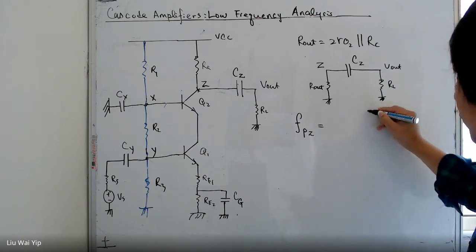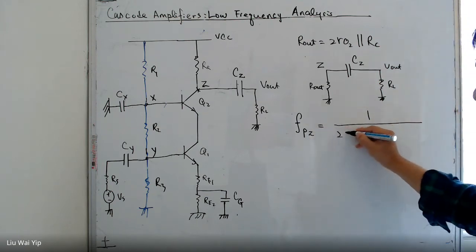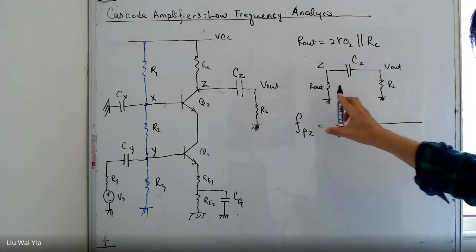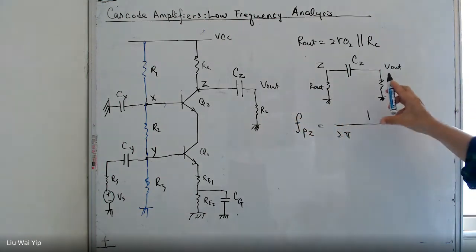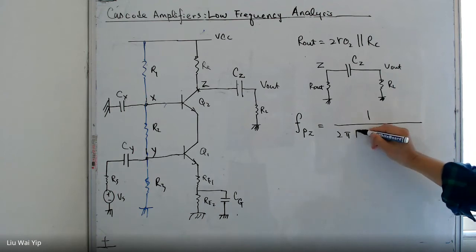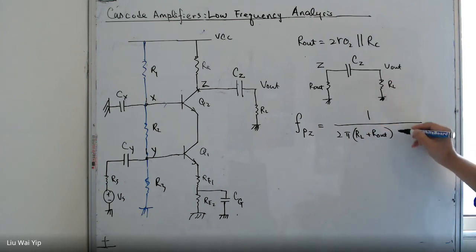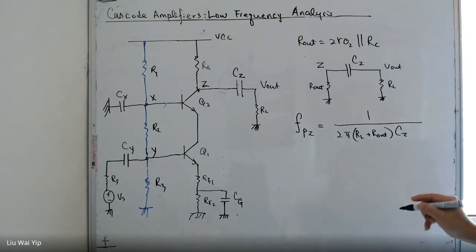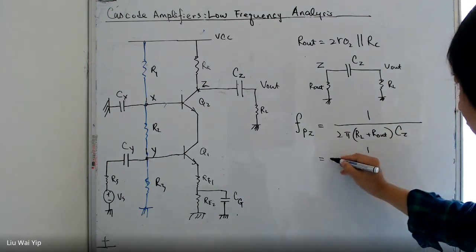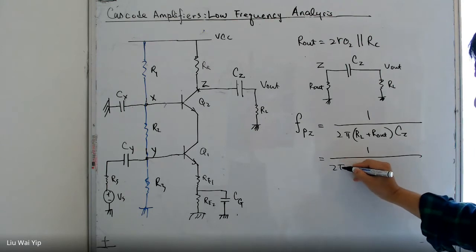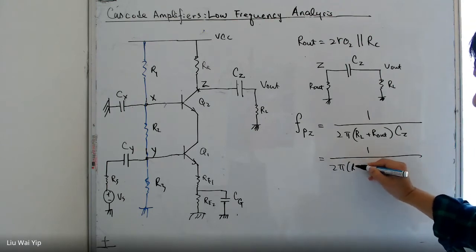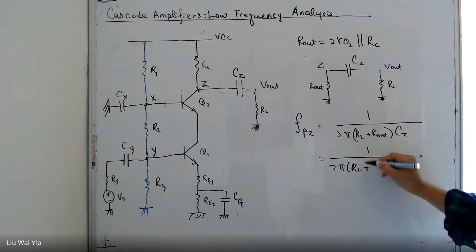It is equal to 1 divided by 2 pi, and then the R, what is the total value of R? RL plus RC, sorry, RL, and then the capacitance CZ. So this is the standard derivation: 1 divided by 2 pi, then RL plus this amount of output resistance.